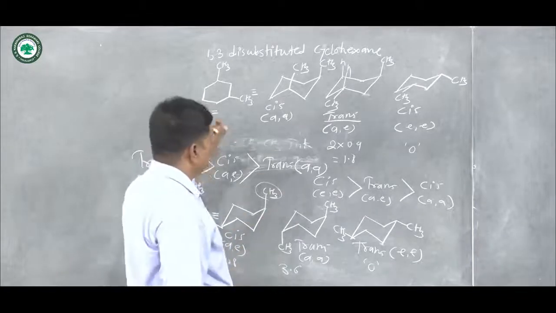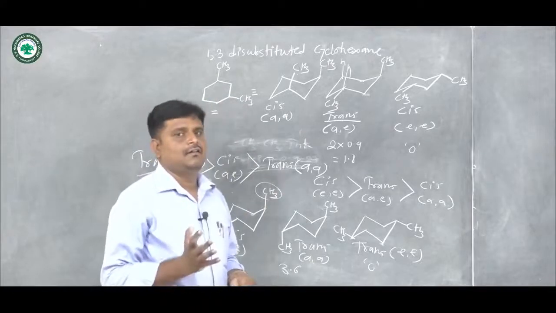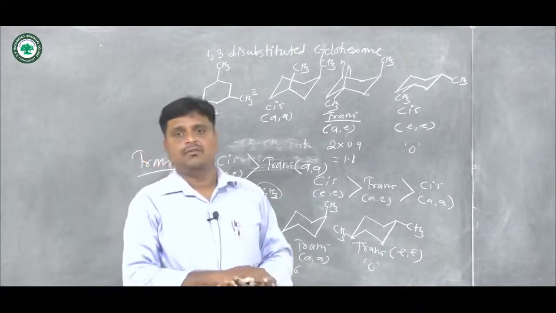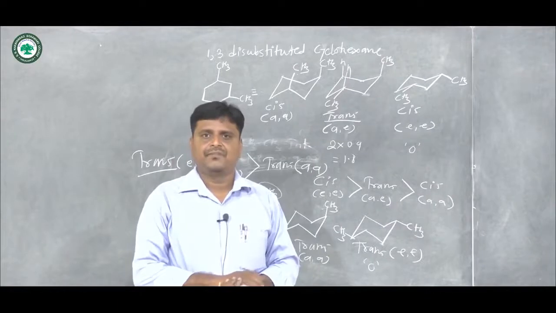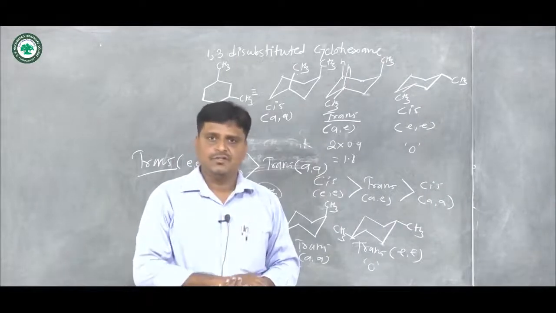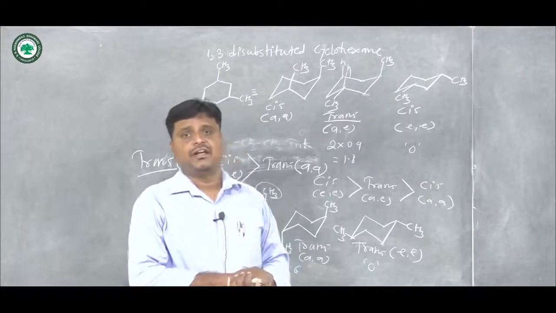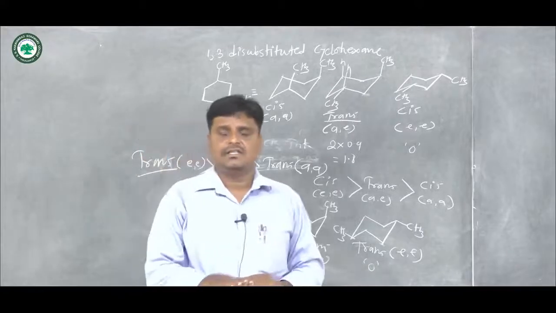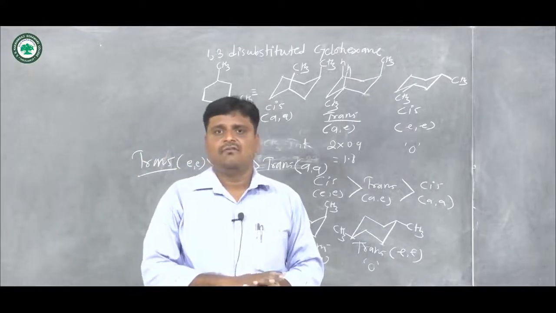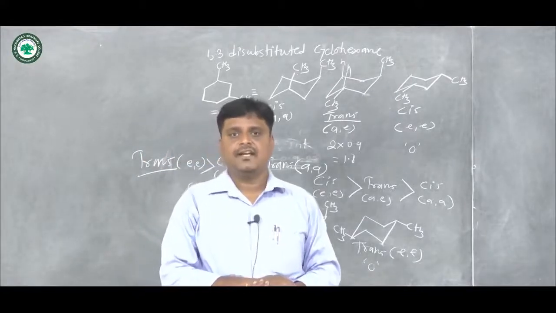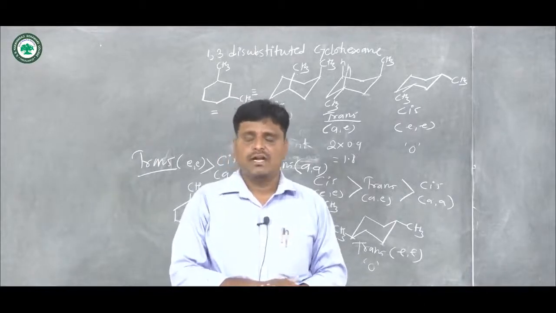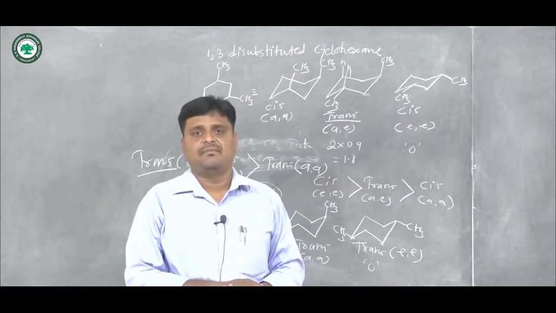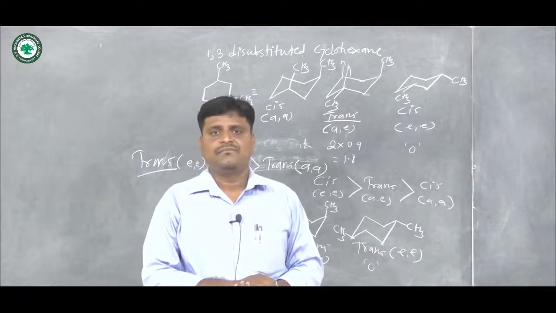Okay, here first we saw monosubstituted, then we saw disubstituted. In disubstituted we saw 3 points: 1,2 disubstituted, 1,3 disubstituted, and 1,4 disubstituted, and their stability orders. Okay, thank you.